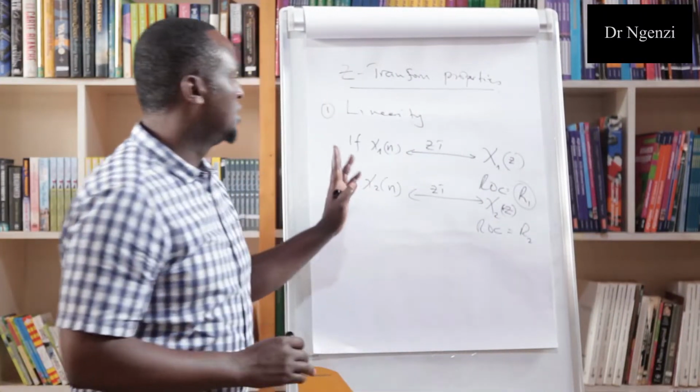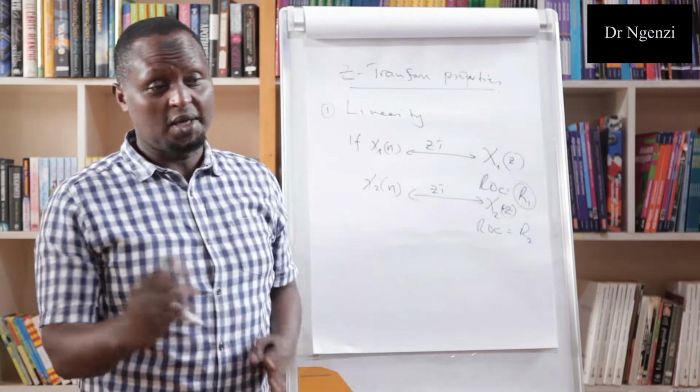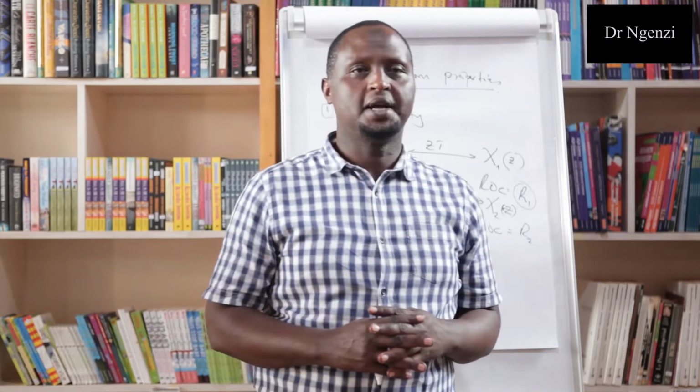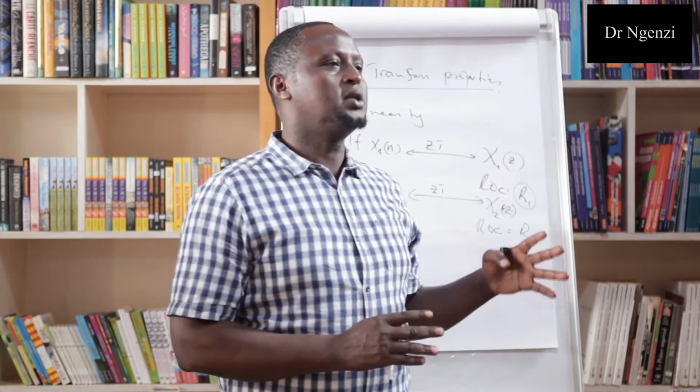What is done on the left is going to be the same as what is on the right-hand side. This is very important to note about the linearity of the system.